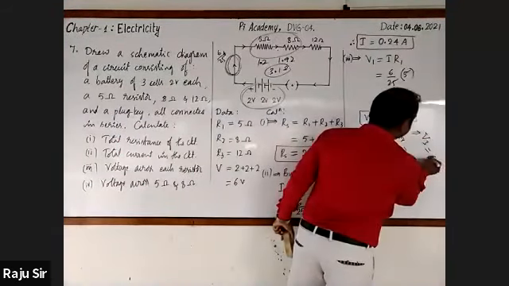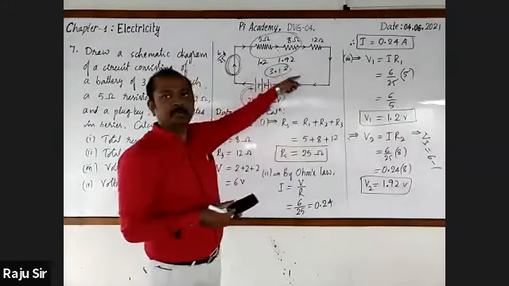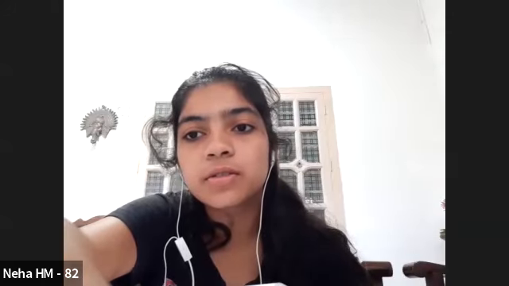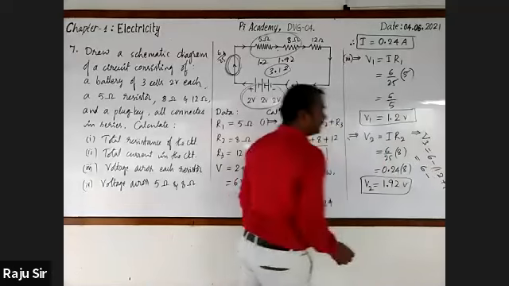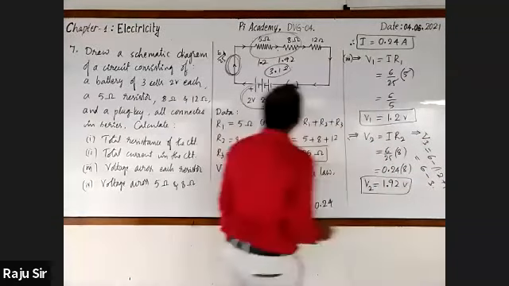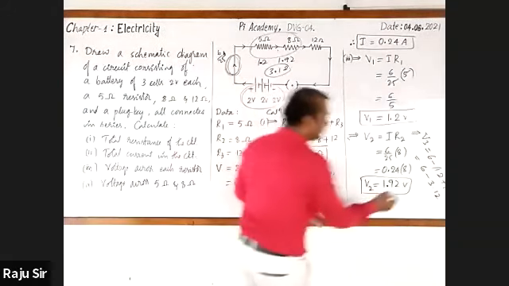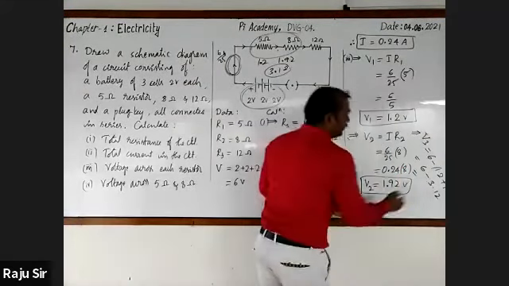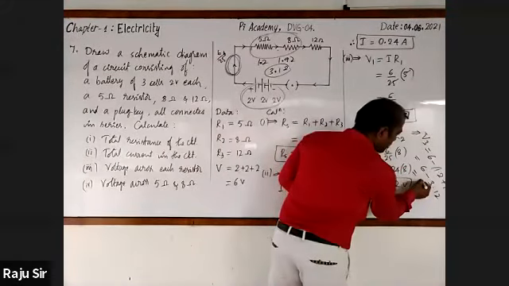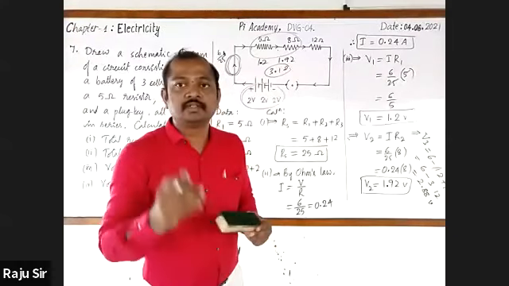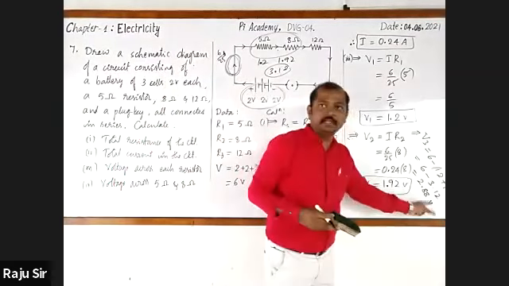It is equal to 6 minus 3.12, and the difference will be 2.88 volts. Have you got the same? Good. 2.88 volts.